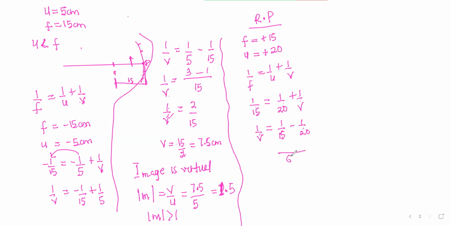LCM 60. This goes into this 4, 4 times 1 minus 3. So we have 1 over 60. V therefore is equal to 60 centimeters. When V is positive, it means that image is real because anything real must be positive. This is how the RP convention would also be used here.